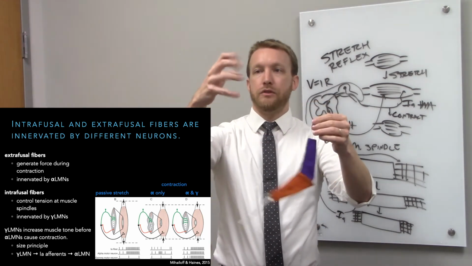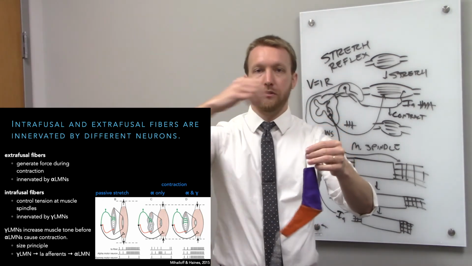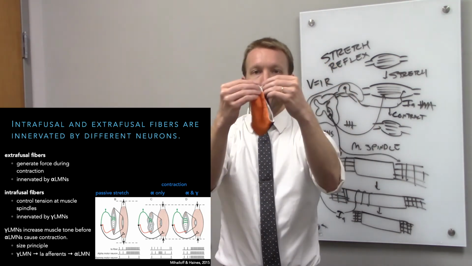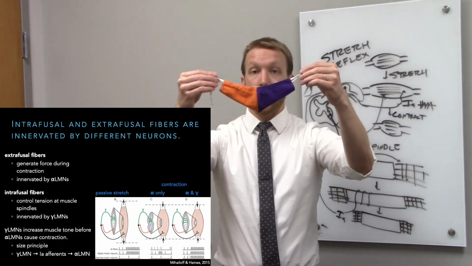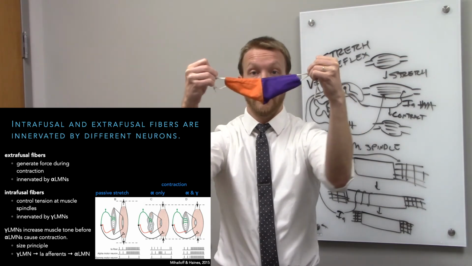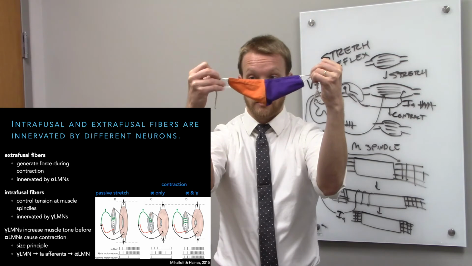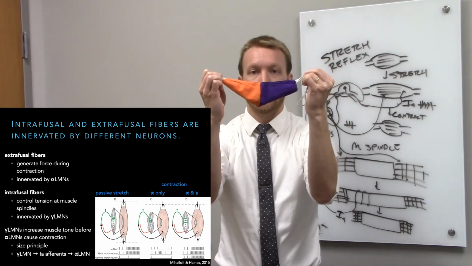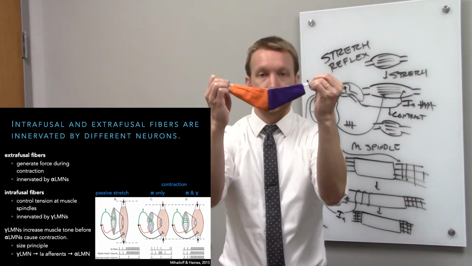So, intrafusal fibers, extrafusal fibers. If I just contract extrafusal fibers, I'm going to unload my spindle. But if I contract my intrafusal fibers to stretch it first and then contract my extrafusal fibers, sorry, I dropped that, now I can maintain tension on the muscle spindle.